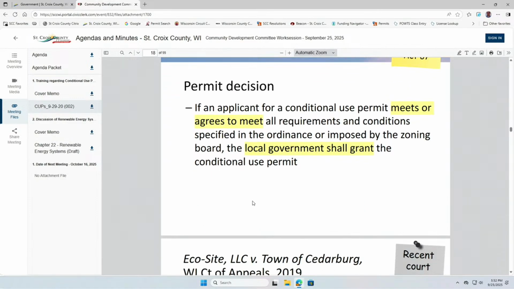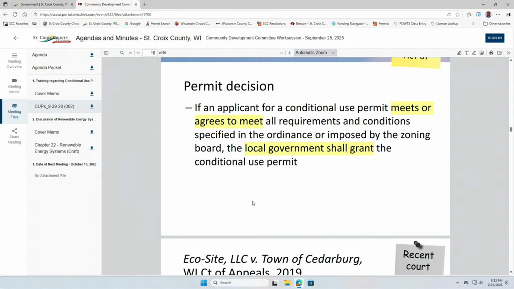And the statute is very clear. If the applicant for the CUP meets or agrees to meet all the requirements, conditions, and criteria for that permit, the local governmental unit, as in the county, shall grant the conditional use permit. That's not a may, that's not a hopefully, it's a shall. We had a conditional use permit here a couple months ago, and we had some opposition from the town about the building code side of it.